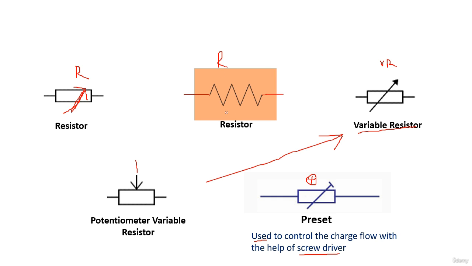Always in the computer motherboard we find this kind of symbol, and in other motherboards for other devices like television or other big devices, we find this kind of symbol. And of course here we have the variable resistor with this arrow, the potentiometer variable resistor and the preset resistor. Let's now pass to the next slide.